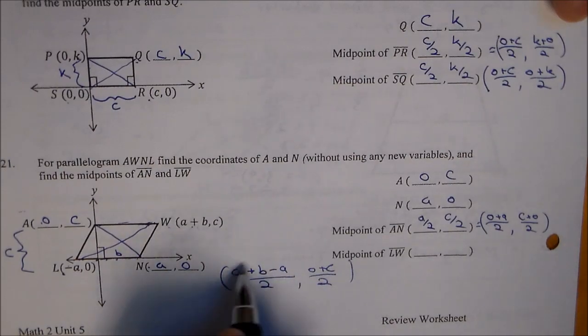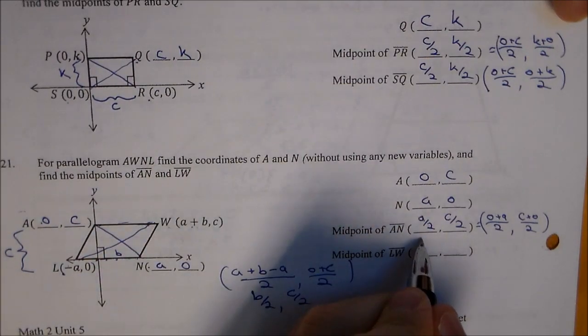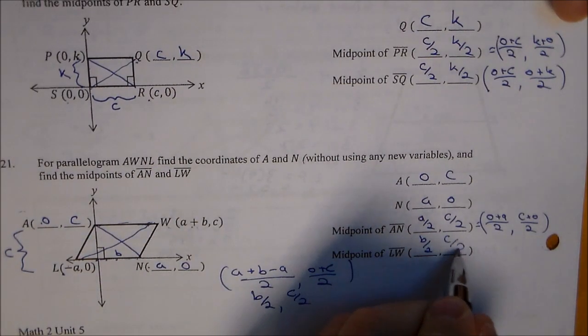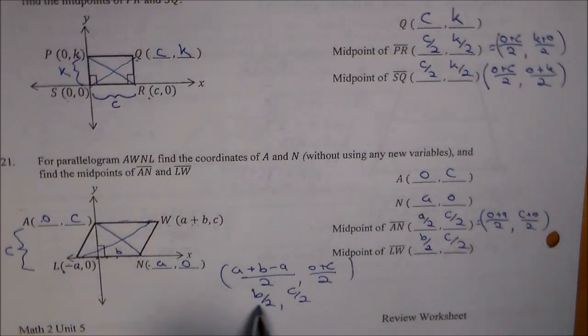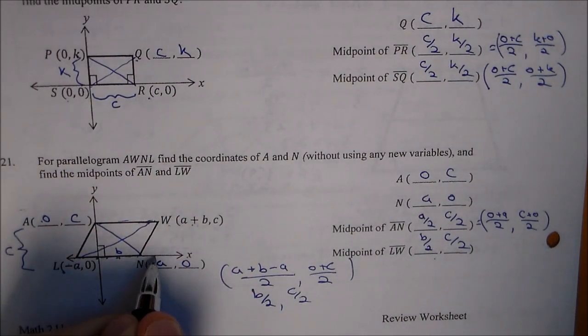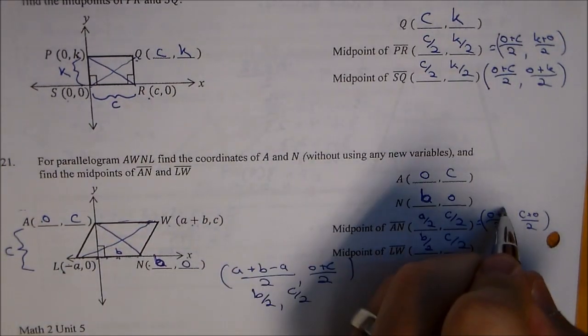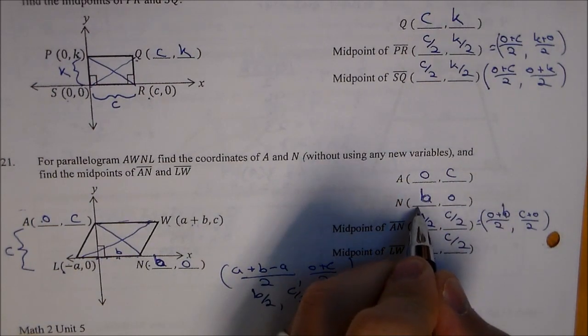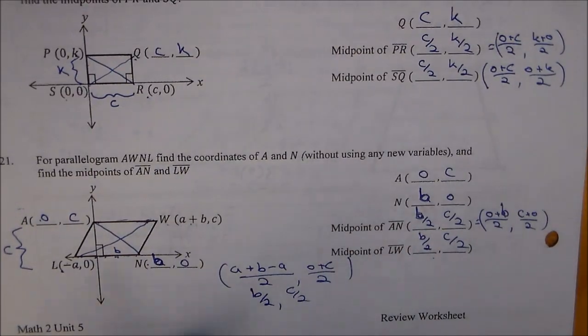Now, this simplifies to just be b over 2. And this is c over 2. So we're going to go b over 2, c over 2. Now, this seems odd because they're not the same. They should be the same. And what happens here is even though I said b, I made that a. So that should be b. This should be b. This should be b. And that should be b. So now we've corrected it. We've caught our mistake. b over 2 and c over 2.